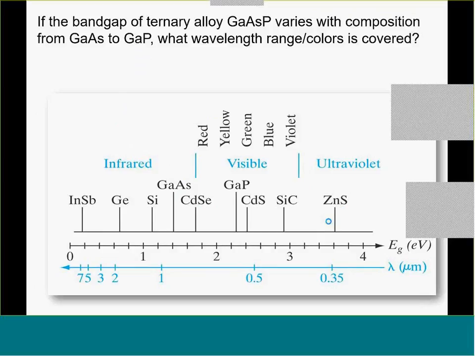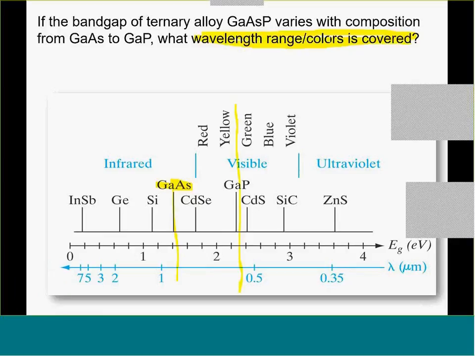If the band gap of the ternary alloy, gallium arsenic phosphide, varies with composition from gallium arsenide to gallium phosphide, one wavelength range of colors is covered.